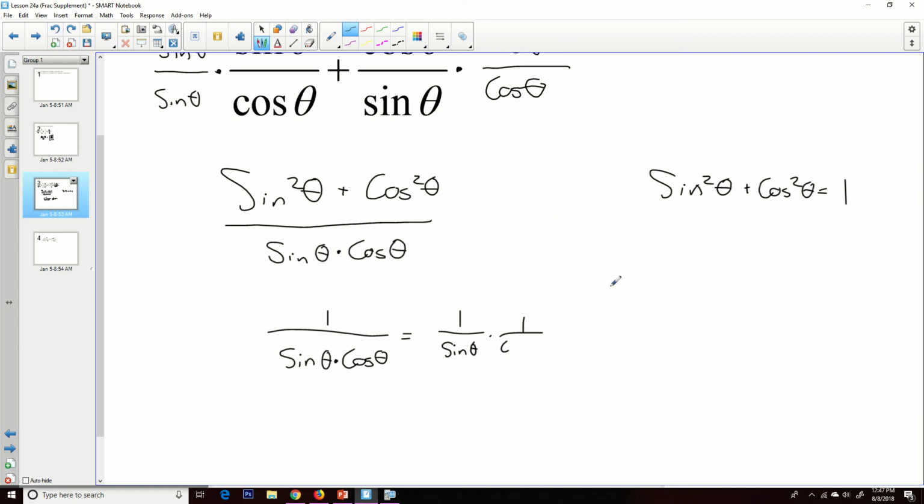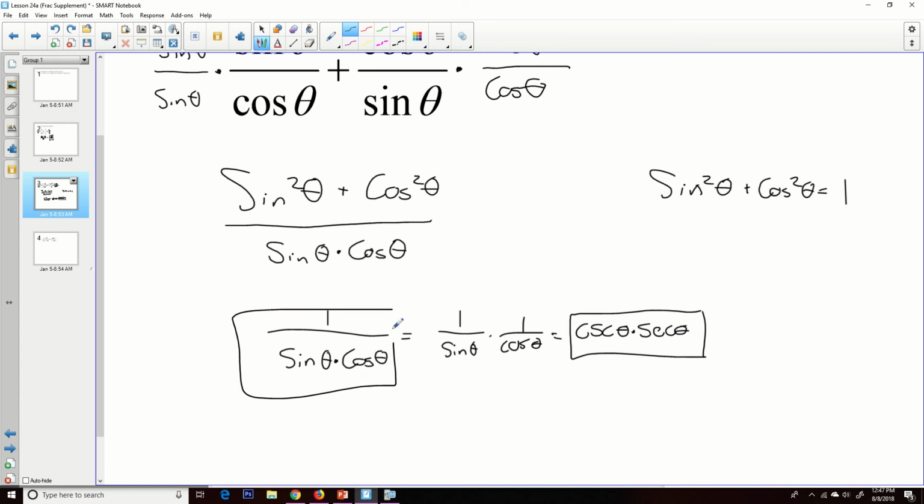Come on, Macaulay. And then 1 over cosine is secant theta. And so either this is my simplest form or this is my simplest form. I really don't care. Just know that both of those are the same things, just in case you're checking the back of the book and they have it like this.